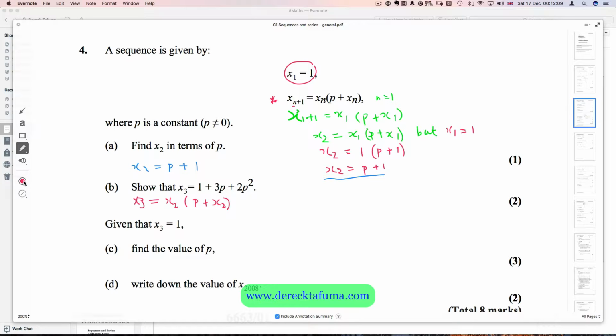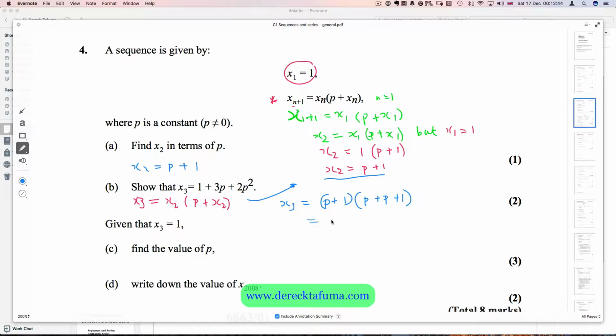But we've already calculated x2, and x2 is that equation there. So x3 is going to be equal to x2, which is p plus 1, times p plus x2, which is p plus 1 again.